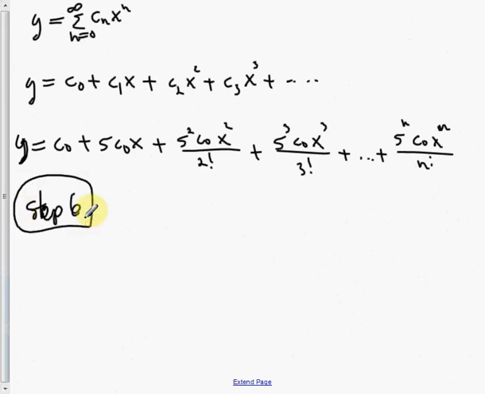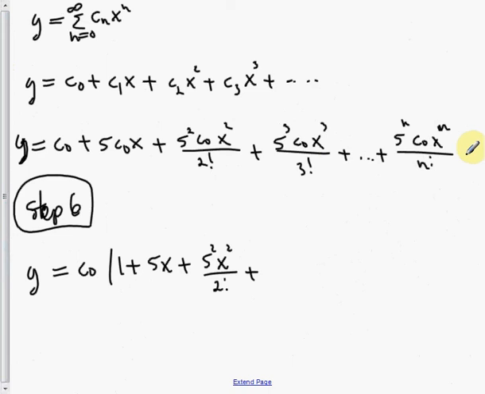So this is step 6. So now, here's the solution. Y is equal to, why don't you just factor out c naught from all of them? This is c naught times parentheses 1 plus 5x plus 5 squared times x squared over 2 factorial plus, I think we get it.